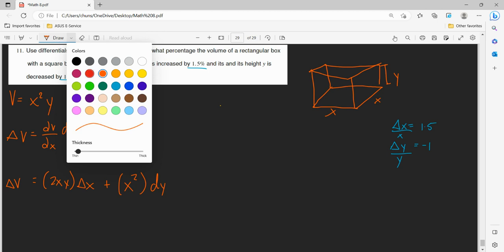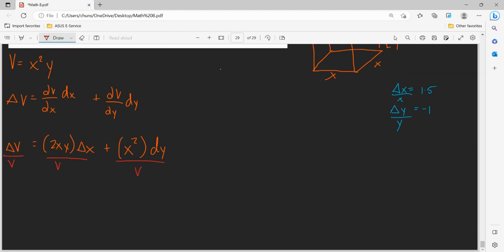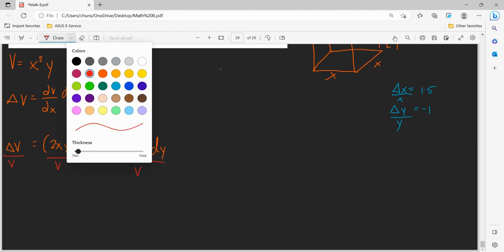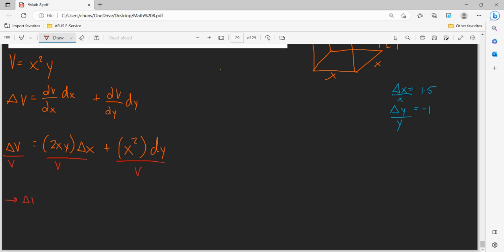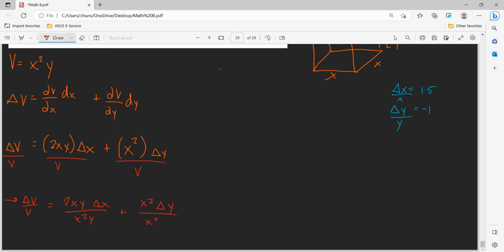And if we took each of these terms and divided it by its volume, right? Volume we were already given up above. So this is now equal to 2xy delta x over x squared y plus x squared delta y over x squared y.